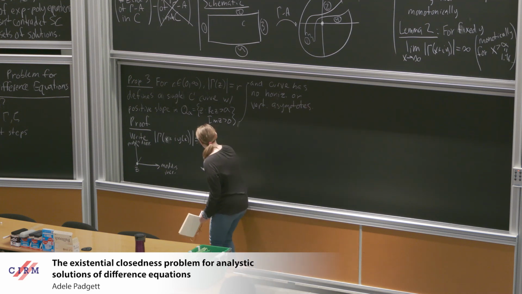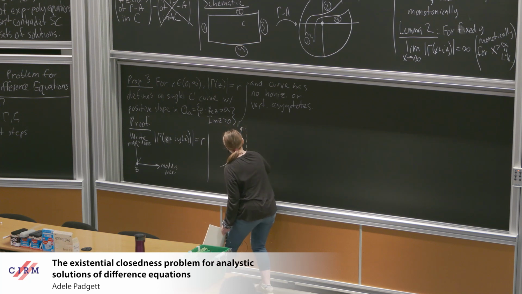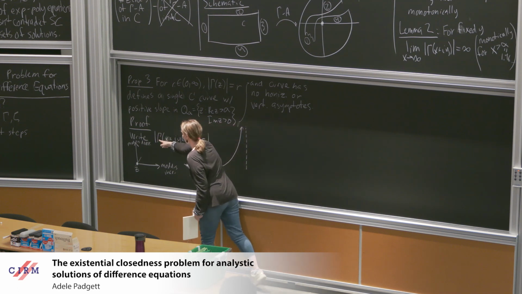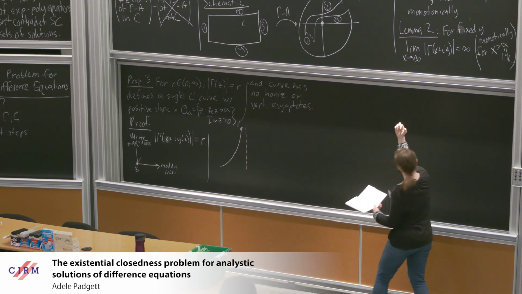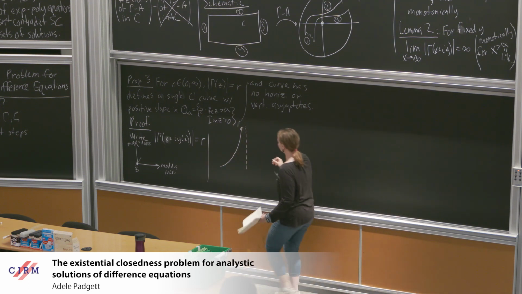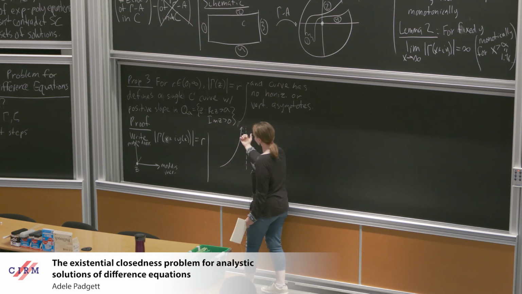Well, suppose you had your curve and it had some vertical asymptote. If this is the curve of points whose modulus of gamma of z is equal to r, and the modulus always increases strictly going horizontally, then along any horizontal line like this, the points over here, gamma of them have modulus strictly greater than r.